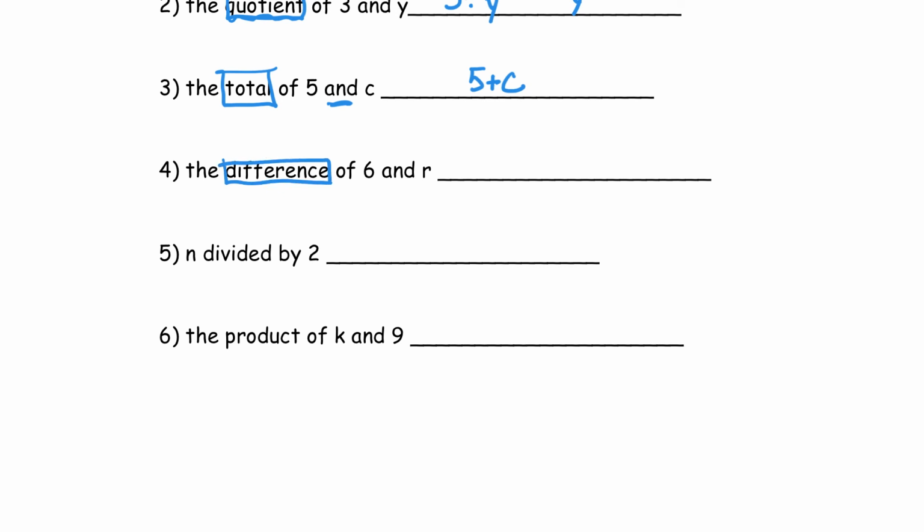The difference. Difference is a subtraction word. So the difference of 6 and r would be 6 minus r. Number 5. Again, division. N divided by 2. N divided by 2. And the 7th grade way, n over 2.